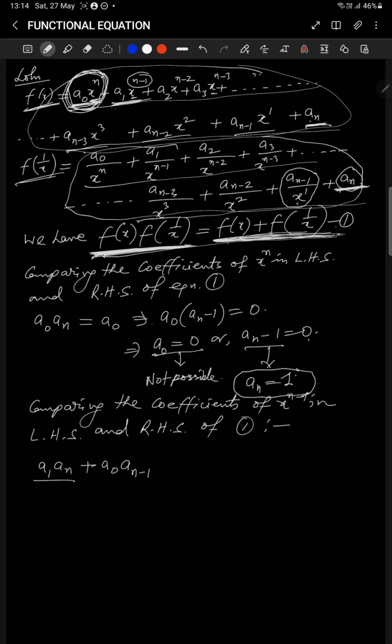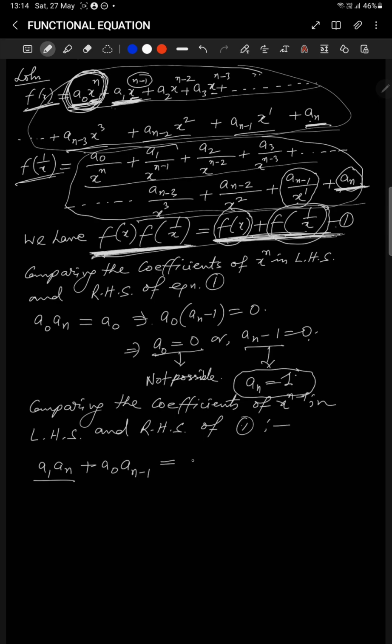Coming to the right hand side, you are finding that this particular function will not yield x to the power n minus 1. So the only possibility to get x to the power n minus 1 in the right hand side is from this f(x). And in this f(x), the only term which contains x to the power n minus 1 is this. And the coefficient of x to the power n minus 1 is a1.